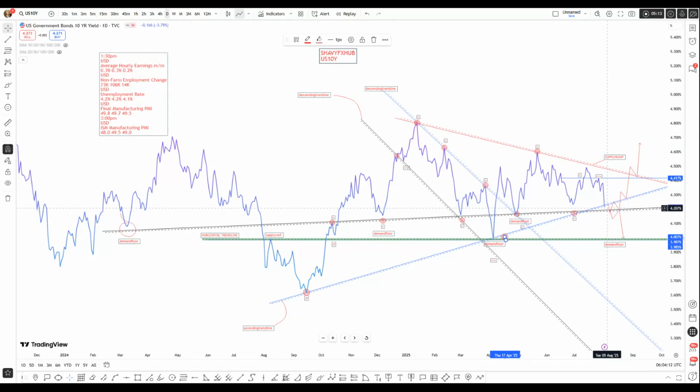If it clears this structure, this ascending trend line, a very strong critical structure from February 2024, look at it: SR1, SR2, break of structure, ROS1, SR1, SR2, break of structure, SR3, SR4. If price returns here, it will create a W structure and go back.